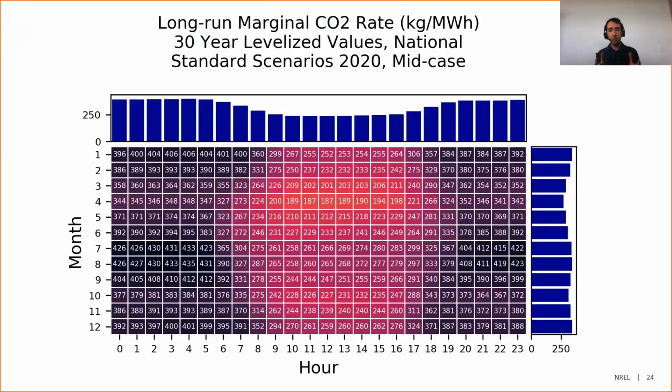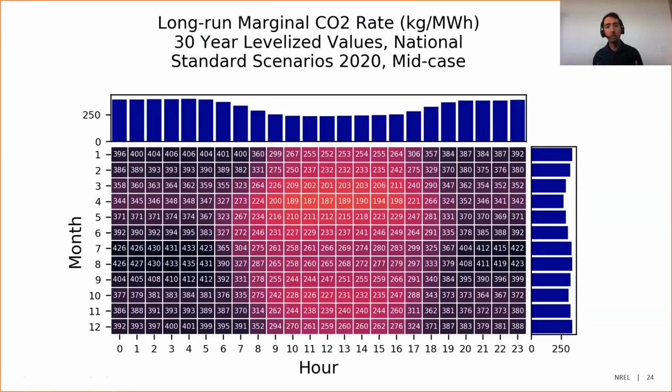I just wanted to show you a picture instead of just words. One of the really important aspects of this is that, again, there's this splotch in the middle of the day of lower values. This is the emission rate: the estimated emissions that would be induced by an increase in load at different points in time in the year and the hour of the day.